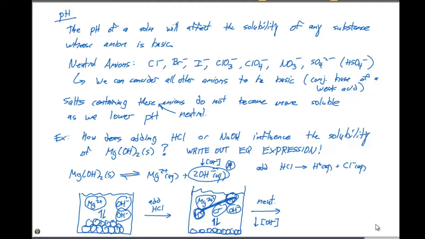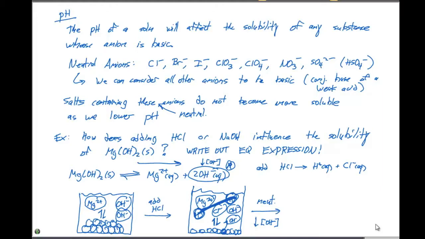If this equilibrium shifts to the right to account for this change in the saturated solution, by disturbing this equilibrium, this is going to shift forward. So once this H+ neutralizes the OH-, the solid is going to dissolve to maintain that equilibrium.